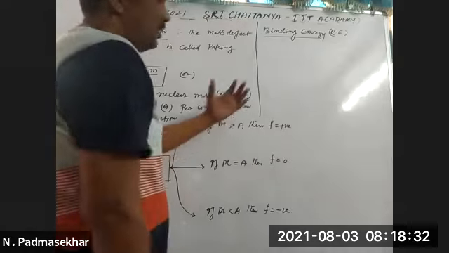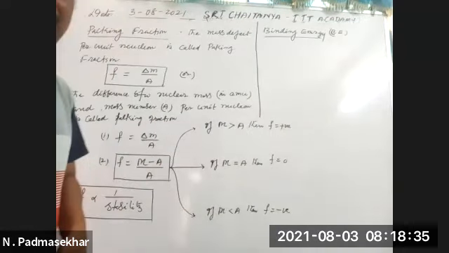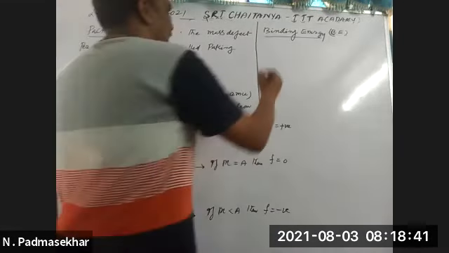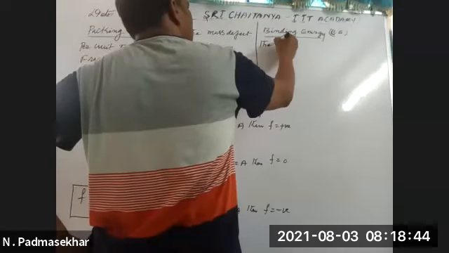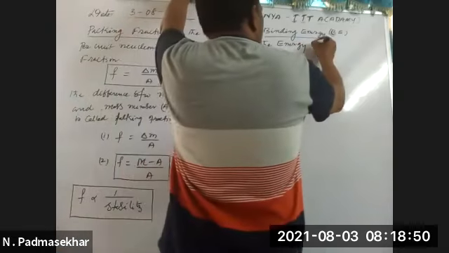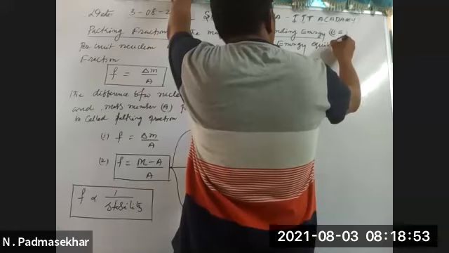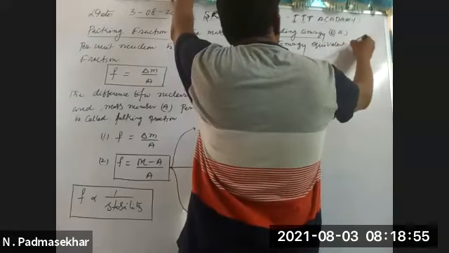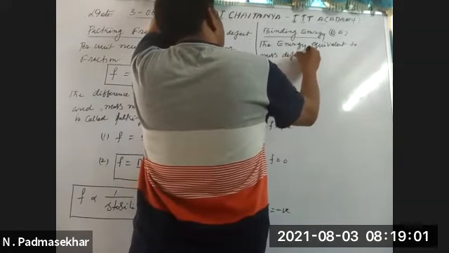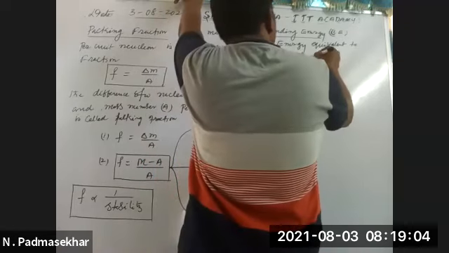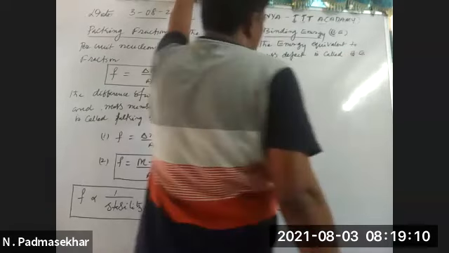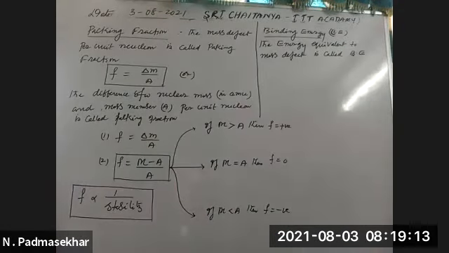According to the Einstein mass energy relation, the mass is converted into energy. So the energy equivalent to mass defect is called binding energy.